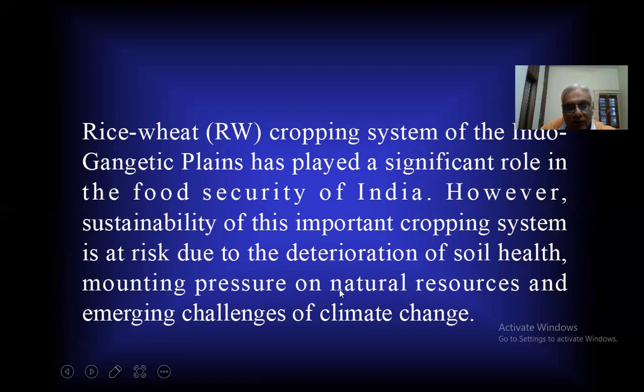Then there is a depletion of natural resources like irrigation water, and the soil becomes saline due to indiscriminate use of irrigation water and chemical fertilizers. The soil health is deteriorated, and we are observing that due to global warming and climate change, there will be a problem in the crop productivity of rice and wheat.